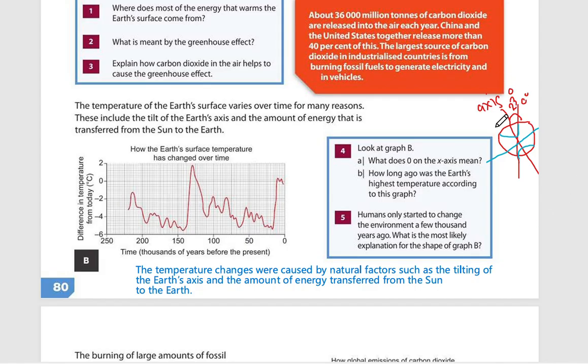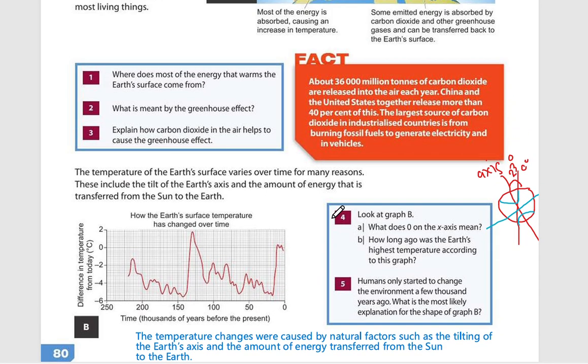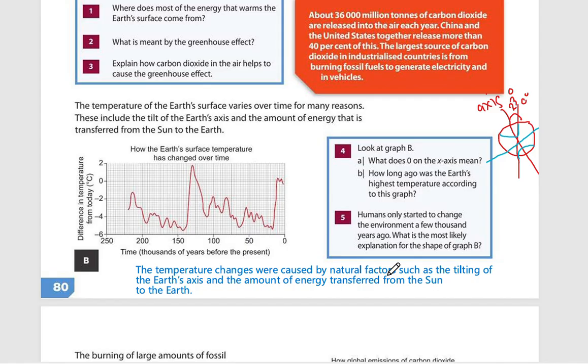So remember, we are not on the 0 degree axis. Our Earth is tilted at 23 degrees. This is where our Earth's axis is going. So this is one of the natural factors which caused the temperature changes. Another thing is the amount of energy transferred from the sun to Earth. There are changes with these as well. So these are natural factors. Okay? Right. Can you copy it down?